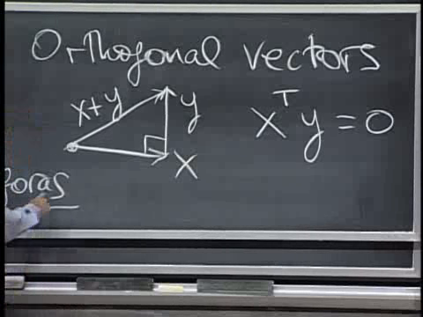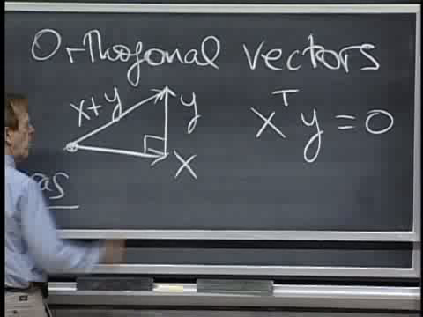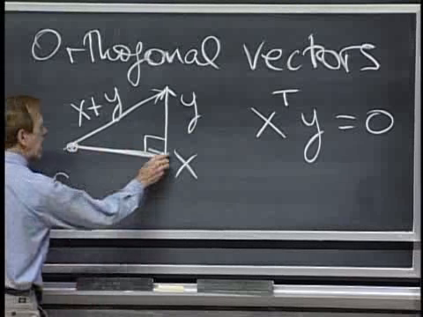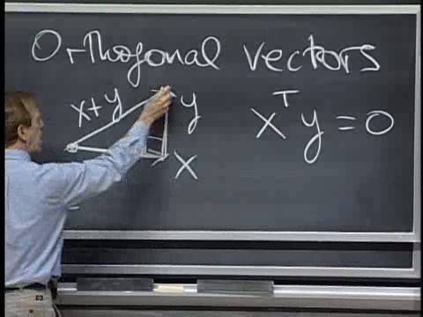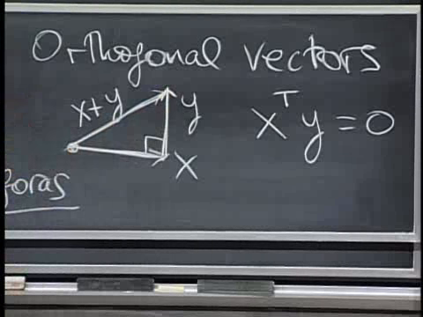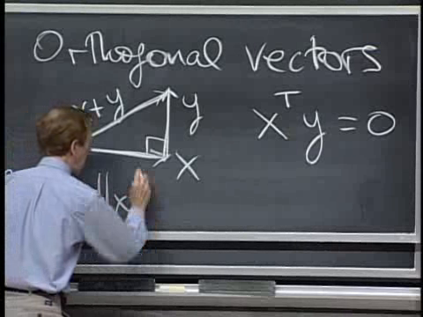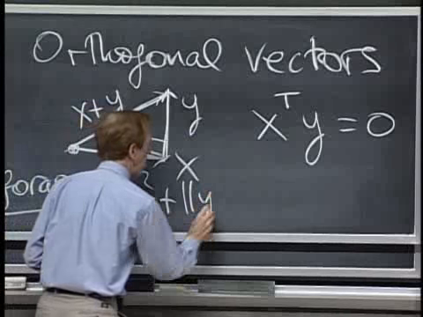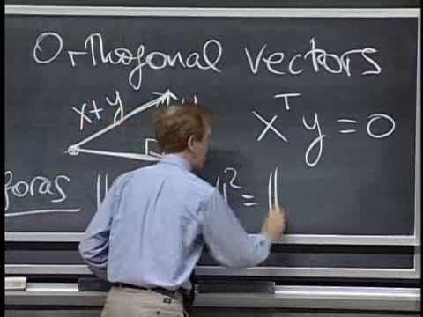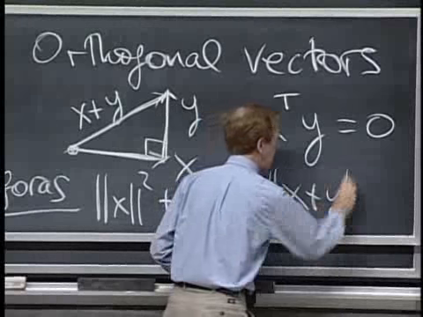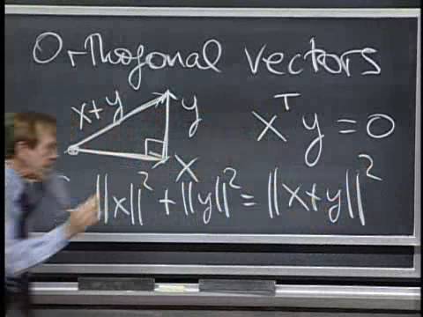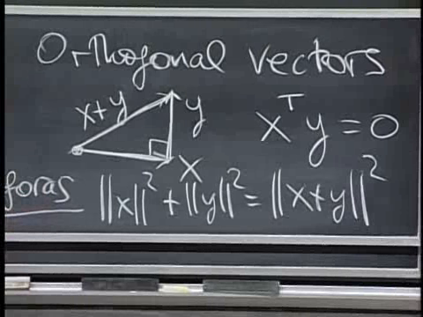Okay. So Pythagoras would say we've got a right triangle if that length squared plus that length squared equals that length squared. Can I write it as x squared plus y squared equals x plus y squared? Now please don't think that this is always true.